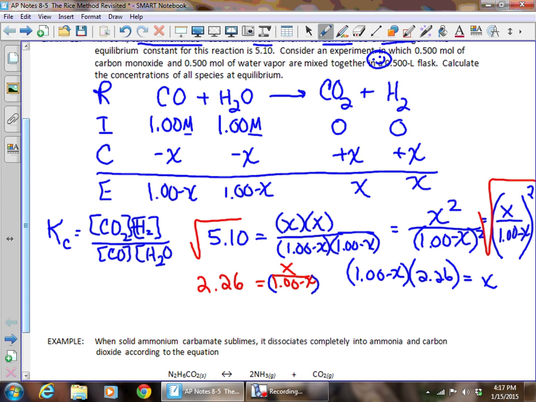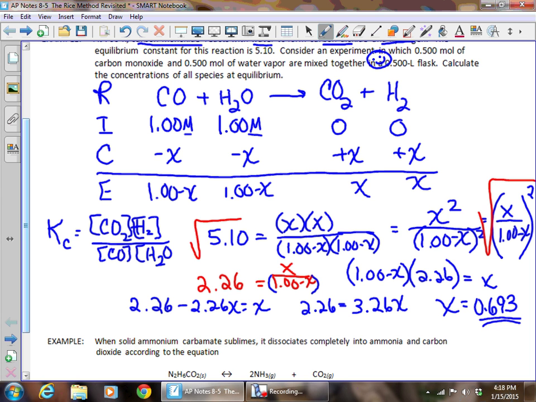Distributing that, I get 2.26 minus 2.26x is equal to x. Now combining terms, I add 2.26x to both sides, so I end up with 2.26 equal to 3.26x, and an x value of 0.693. So there's my x value.